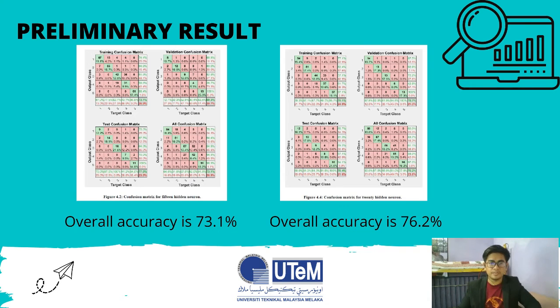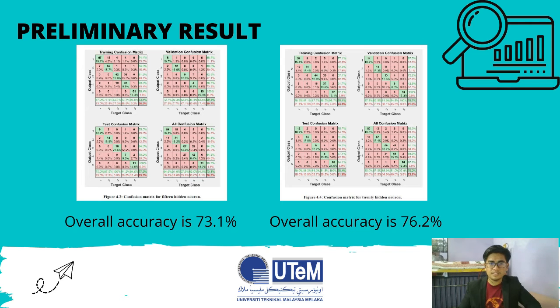Based on the first result, the confusion matrix of 15 hidden neurons shows the overall accuracy is 73.1%, with the training, validation, and test sets giving 73.1%, 69.3%, and 77%.